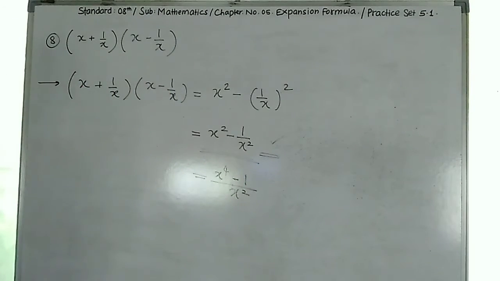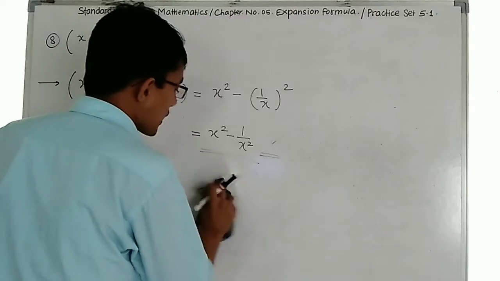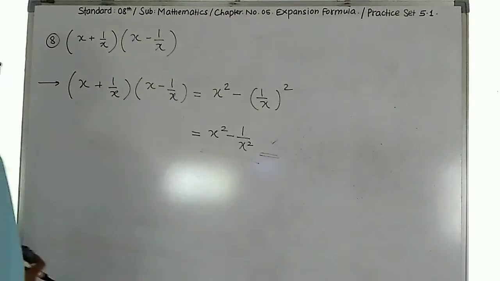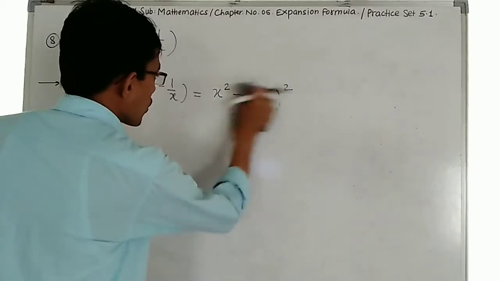So the expansion of (x + 1/x)(x − 1/x) is x² − 1/x². Now we will see one more sub question, that is sub question number 9.